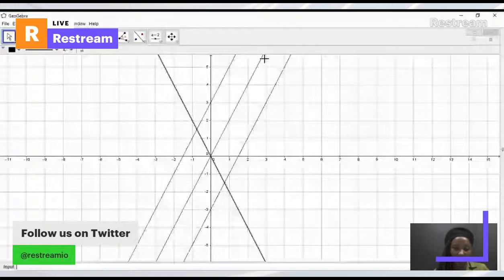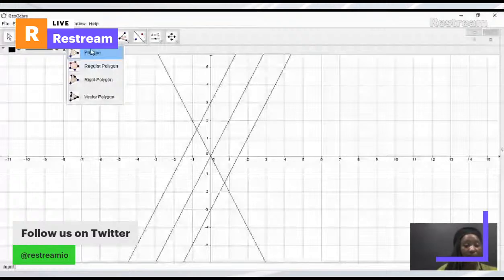And in GeoGebra, you can go in and coordinate the colors for your lines. You can set it so that the equation or the function is written along the line. You can get your geometric shapes, your polygons, regular polygons, your perpendicular and parallel lines, angles.